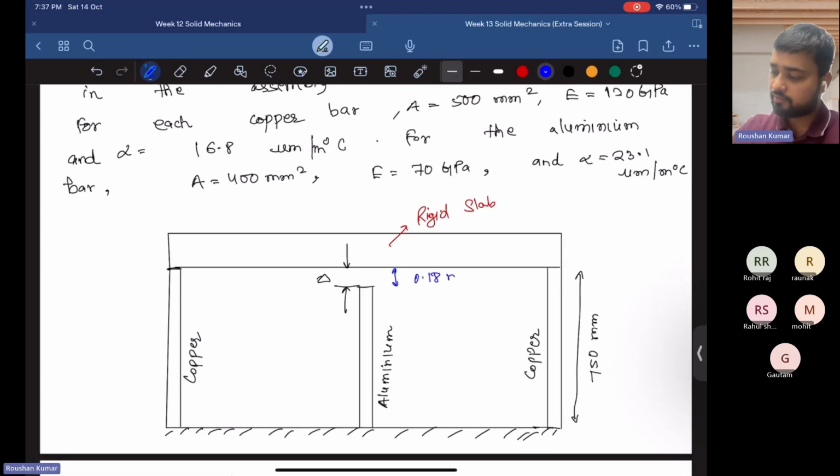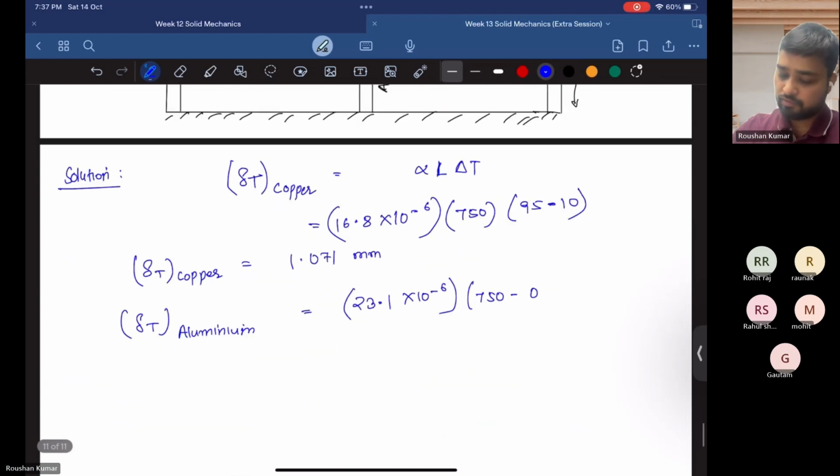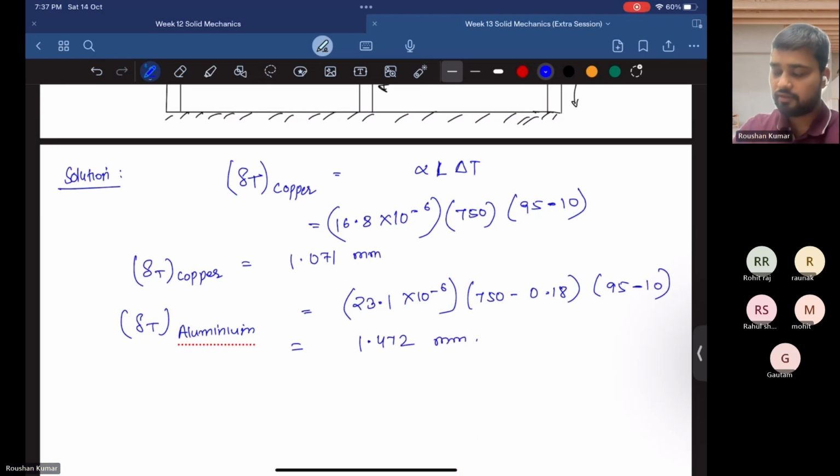The change in temperature is the same here, 95 minus 10. The final value after solving is 1.472 mm. So we have calculated the change in length in the copper as well as the aluminum bar when there is a change in temperature.